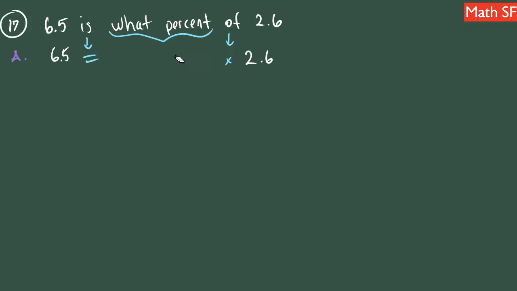Am I missing one of the multipliers? Am I missing the product? For that, you have to label which one is the product. The one that is by itself is the product, and these two here that are multiplying are called the multipliers. So it seems like we're missing one of the multipliers. Therefore, we must divide the product divided by the known multiplier.